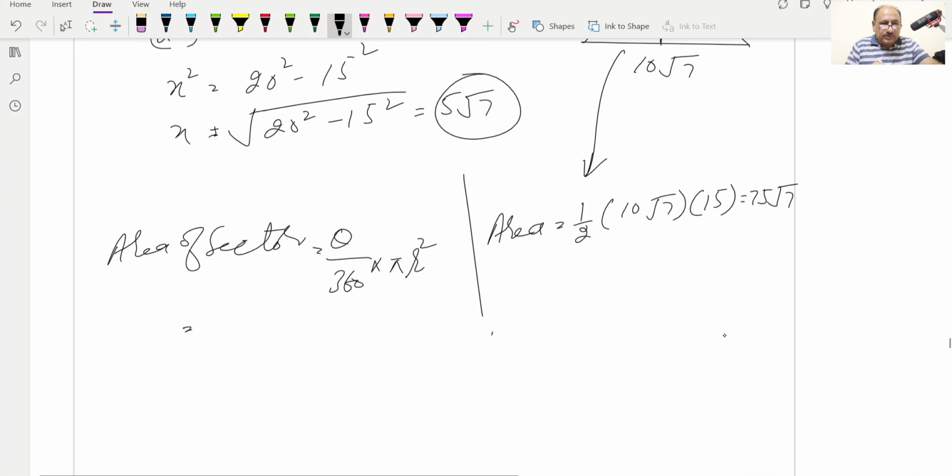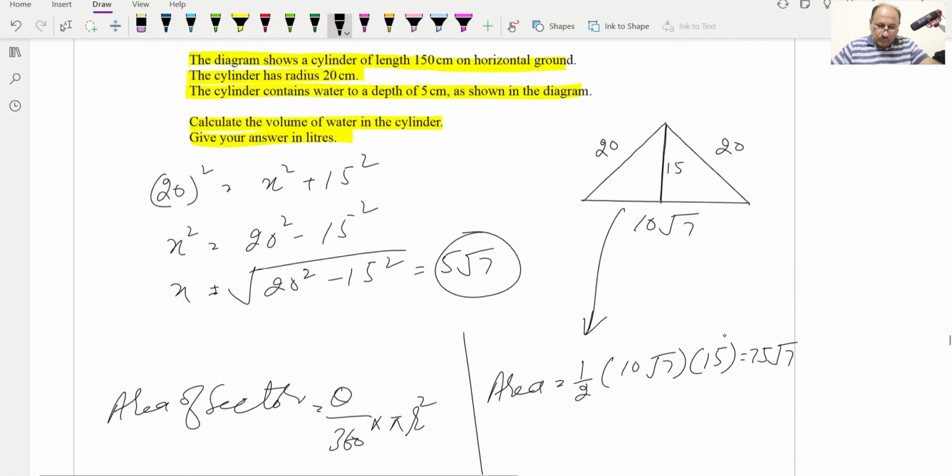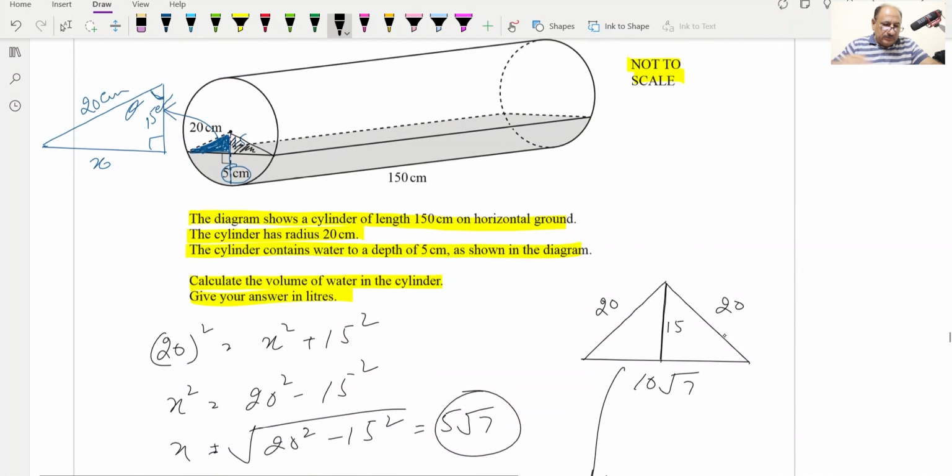So theta is what? First we have to calculate theta. For the theta value, if we consider this triangle, cos theta is equal to 15 over 20, and theta is equal to cos inverse 15 over 20.